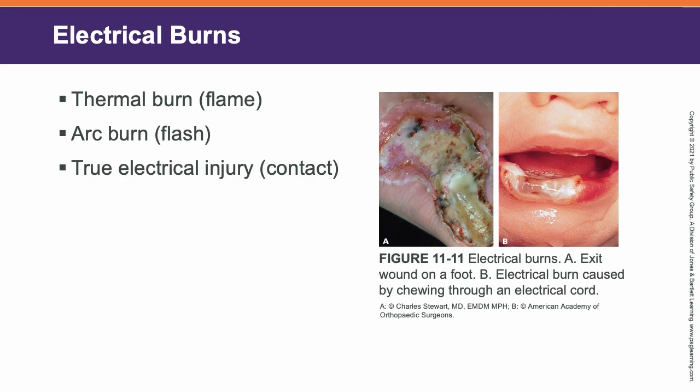So it's a very serious injury, but that is also a question on the final. So make sure that you understand that. Okay. If you have any questions, please reach out. A true electrical injury, this one right here, let's make it clear, is the only one of these three that has an entrance and an exit wound. Great.